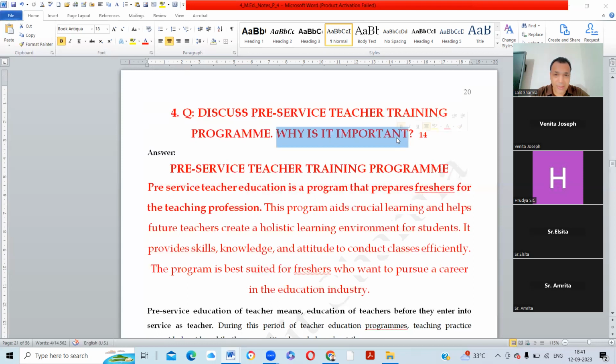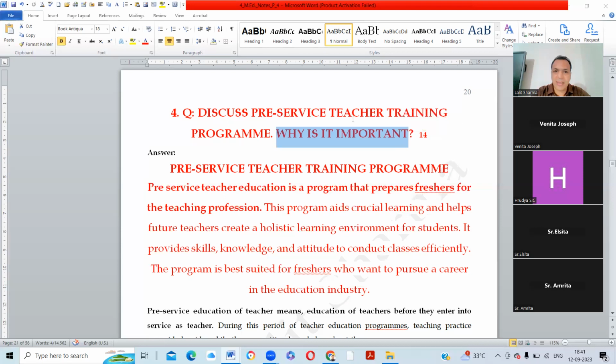It is important because after doing these courses, one gets competent to teach effectively in the classroom. One gets the knowledge of educational psychology, the knowledge of skill in teaching, the knowledge of various kinds of philosophies and various methods. Various methods, various techniques that are available help the teacher to teach effectively during the class. This is the importance of the pre-service teacher education program, right?